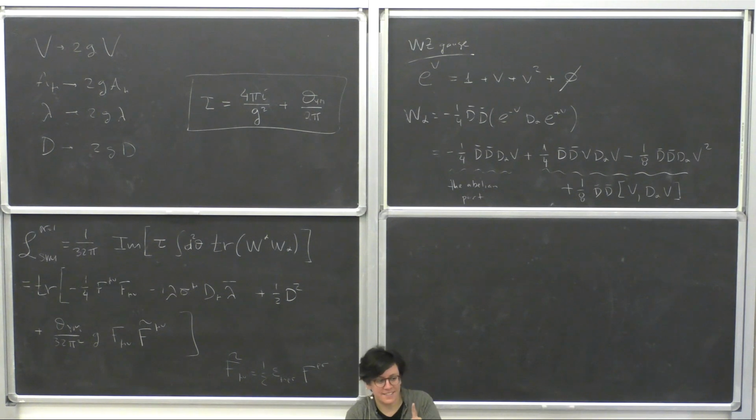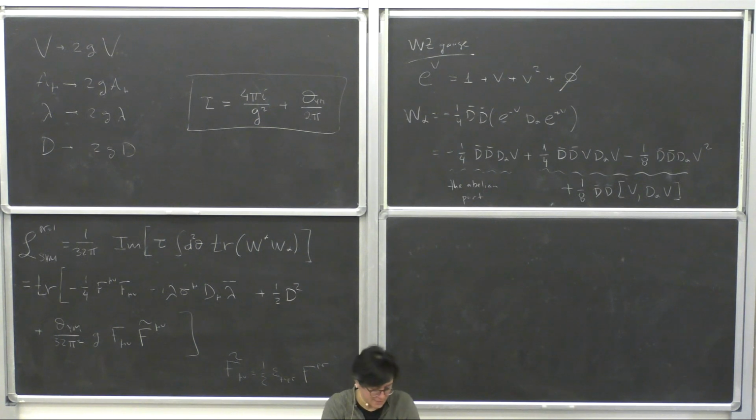There is one last thing that I still need to do, that I will definitely start now, and maybe I will do a little bit in the Q&A. And then we can write the most general N equal to 1 Lagrangian you ever wanted in your life. And what is the thing that we are missing? We know how to do scalars by themselves, chiral superfields, and we know how to do vectors by themselves. How do we put them together? Yes?